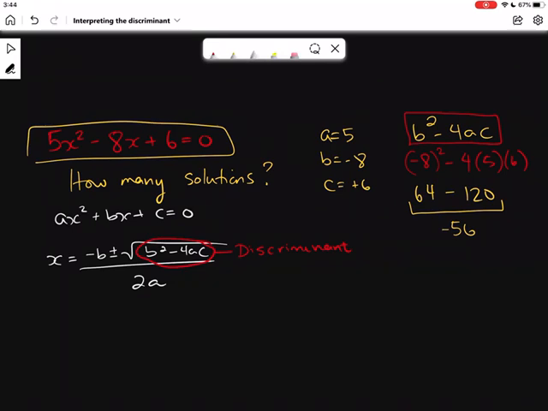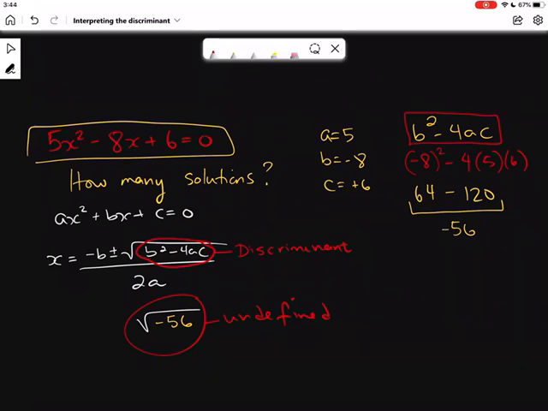Now, I know that when I take the square root of a negative number, I'm going to get something that is undefined. If I'm trying to figure out what x is, as soon as I see this negative number, I know I'm not going to get a proper solution. It doesn't make any sense.